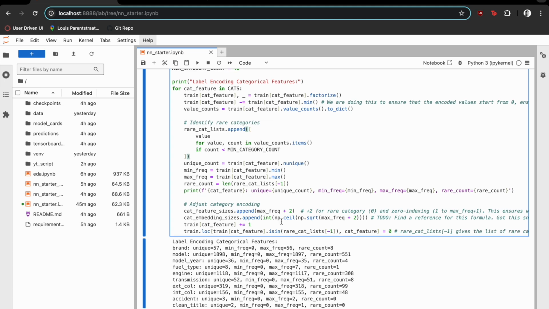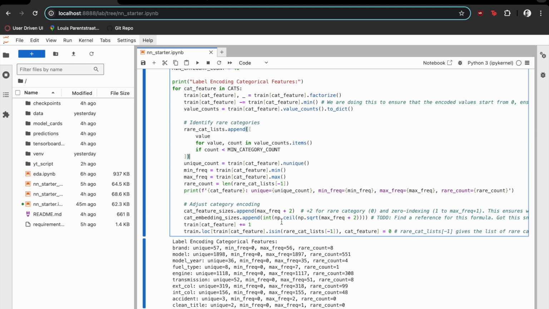Now that we have the numbers 1, 2, 3, 4, 5, 6, these are not enough, because a better representation of the categorical features for a neural network would be in the form of a vector. A common heuristic to determine the embedding size is to take the square root of the number of categories. As of now, I could not find a reference for why this heuristic is a standard practice. If you are aware of it, please comment it down below.